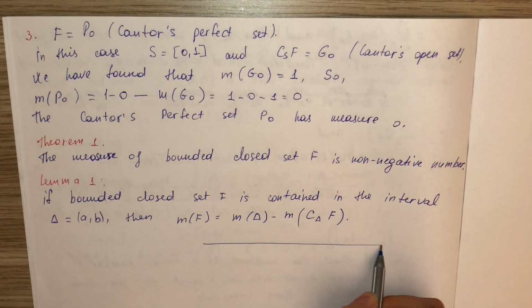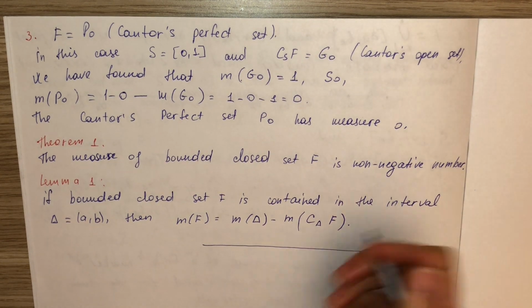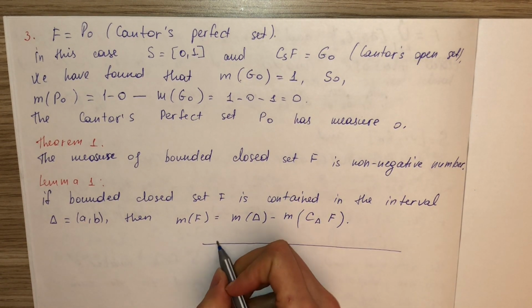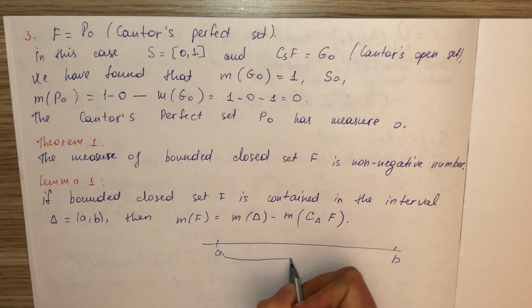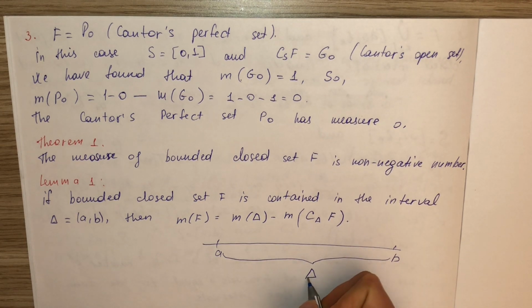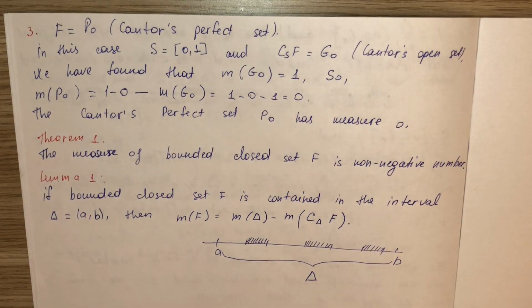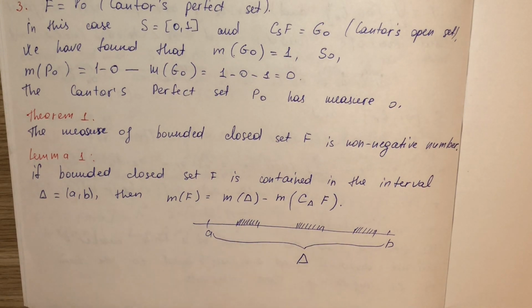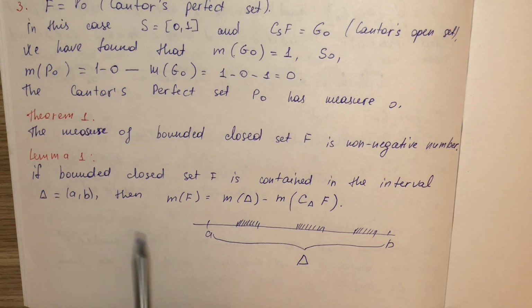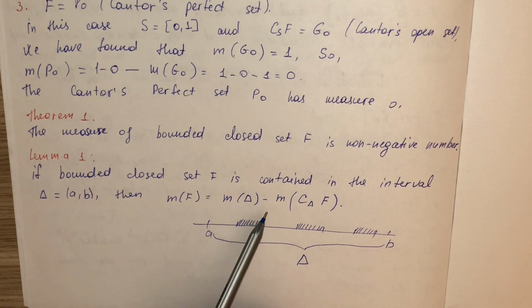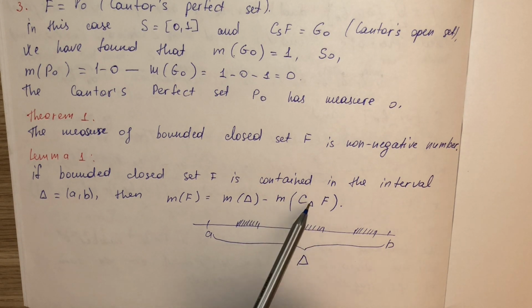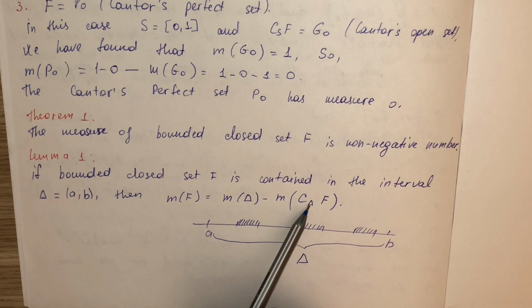Let's consider, let it be our interval a and b. This is delta. And let it be our closed set F. Then the measure of F is equal to the measure of delta, b minus a, minus the measure of the component of F with respect to delta.